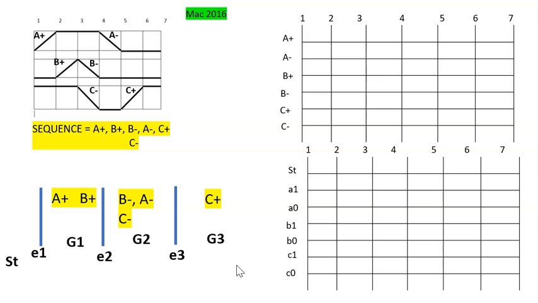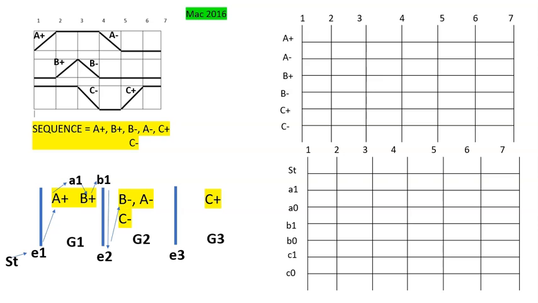So we always have the start button going to E1. E1 going to A plus, and A plus is located at A1, and then going to B plus, going to B1. And B1 going down to E2, E2 going to B minus and C minus.